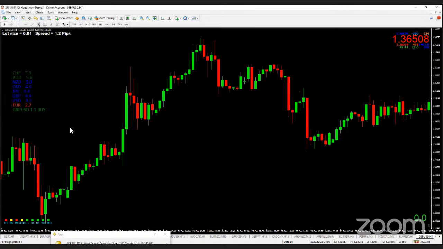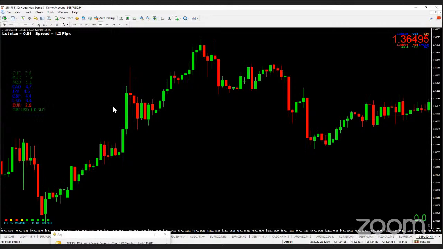The way I tend to use this is having a look at these currencies. You can see there are eight currencies there. The way I would use it is basically go with the strength of each currency. At the very top, you can see that is the CHF, the strength is 5.6, and the weakest is the euro.